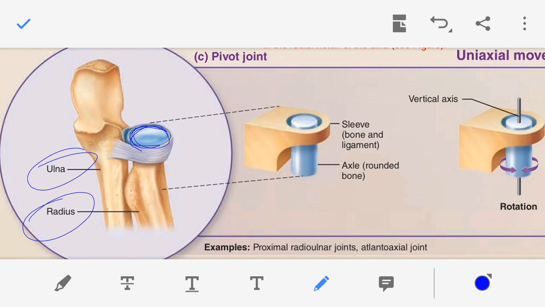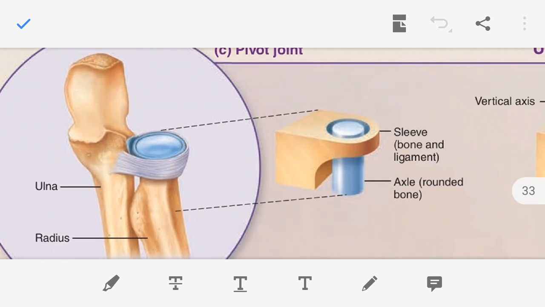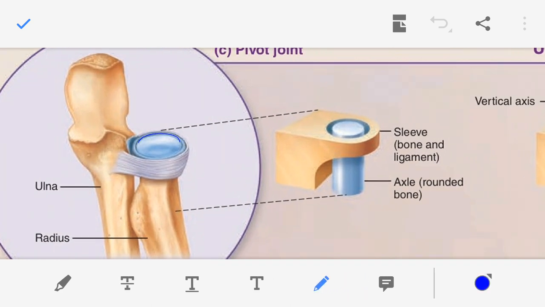It is circular. So this circular head, this surface is convex, and the ulnar surface is the concave one. The convex surface is fitting into the concave surface of the ulna, and both bones are tied by the ligament.